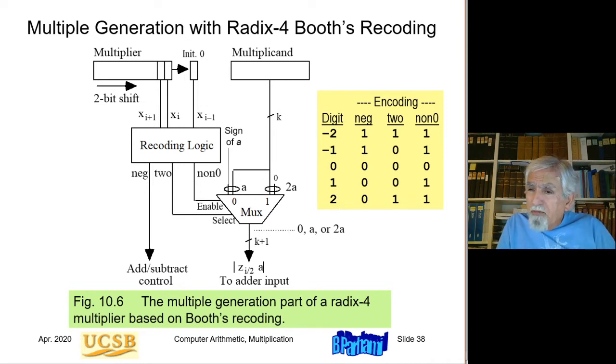Now, because we have 5 values to encode, the recoding logic has somehow to tell us which of these 5 values should be used. For 5 values, I need 3 bits to encode them. I can't do it in 2 bits. And there are many possible 3-bit encodings of these 5 values. And this is a particularly good encoding.